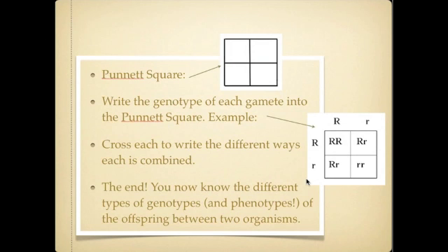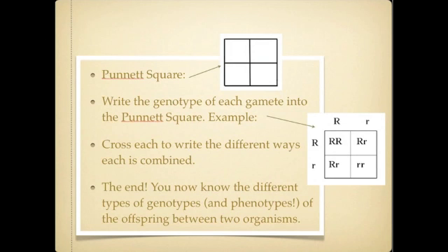Something to remember is that if you end up with an uppercase and a lowercase letter, the uppercase letter always goes first. It's just a rule, like the rules we have in math. This is the same kind of rule in science. And that's exactly how you do a Punnett square. You cross your genotypes, and you'll get 4 sets of alleles that might be an offspring.